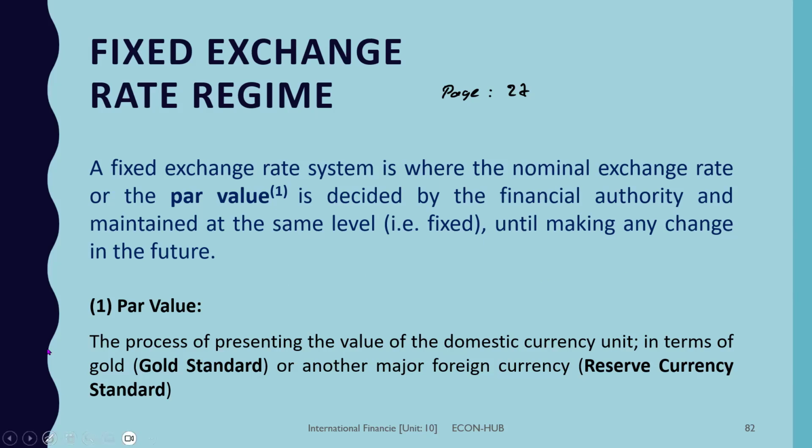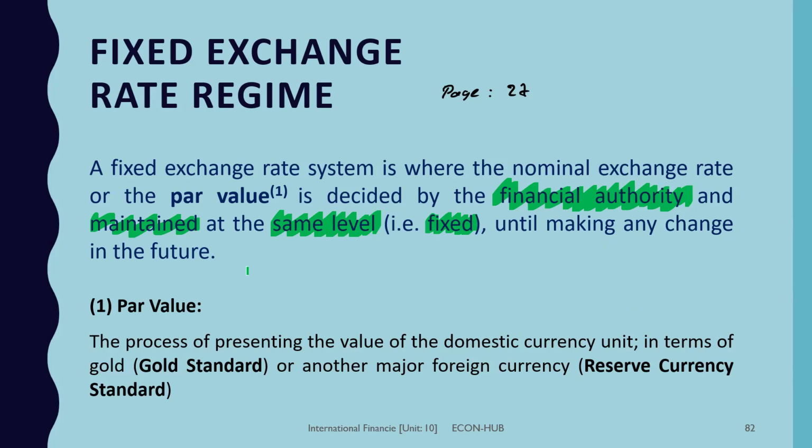So two things. One, the value is decided by the financial authority, not demand and supply. Second, it is maintained at the same level. Hence, we call it fixed. The financial authority doesn't allow it to change until making any changes in the future. Only they can decide to make changes. That's called a fixed regime, fixed exchange system.